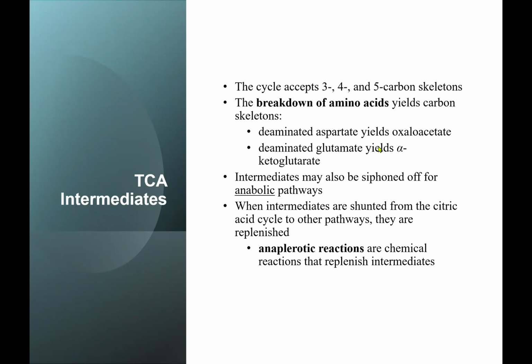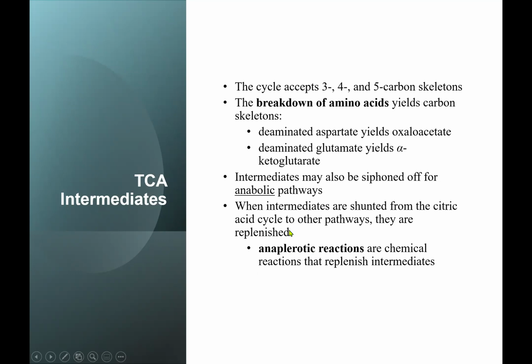So the interesting thing is intermediates can enter the cycle, in which case we have a catabolic pathway. However, intermediates can also be siphoned off from the cycle. And for what purpose? For synthetic reactions, for anabolic pathways.